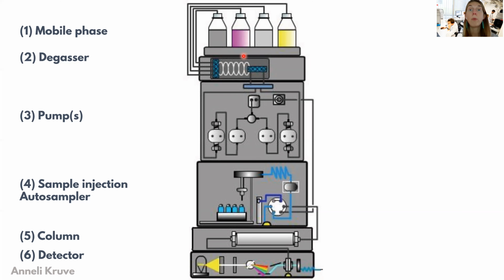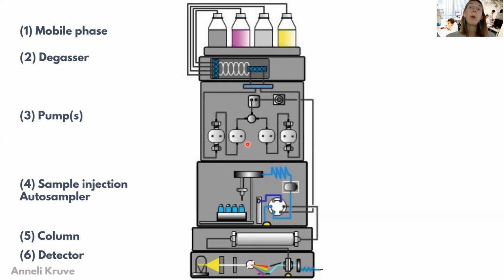Or if we have one pump, then we can use a mixer before the pump to mix from 2 to 4 different mobile phases. So if we have one pump, we have to mix before. If we have two pumps, then we usually mix the mobile phase after the pumps.